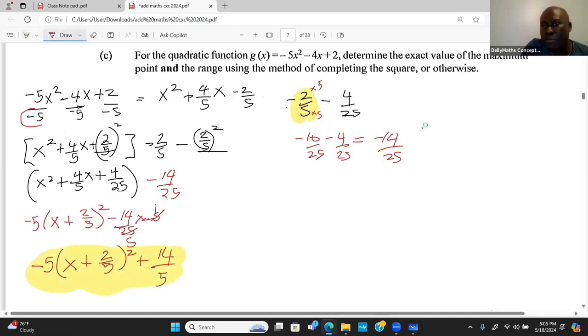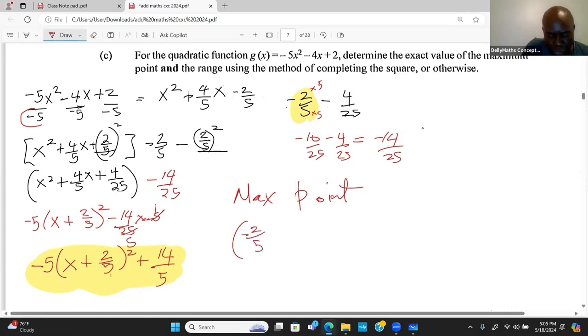So now, in response to the question, they want us to determine the exact value of the maximum point. So we're not going to round it off. So the maximum point, as you could know, is going to be that x value here, which is going to be the opposite of it.